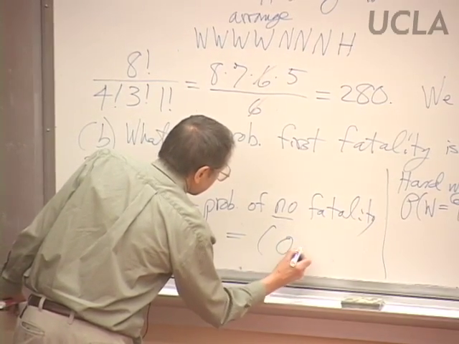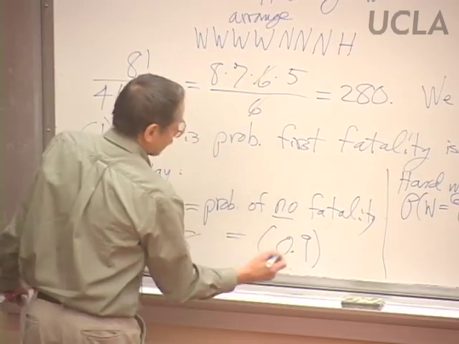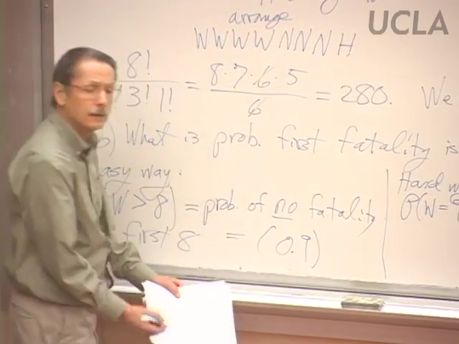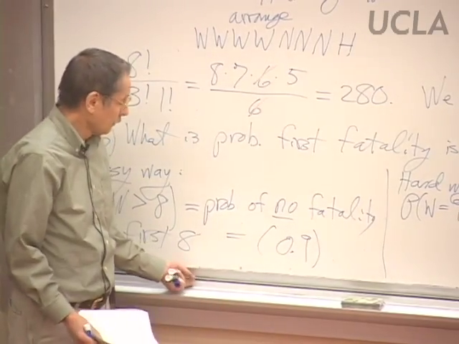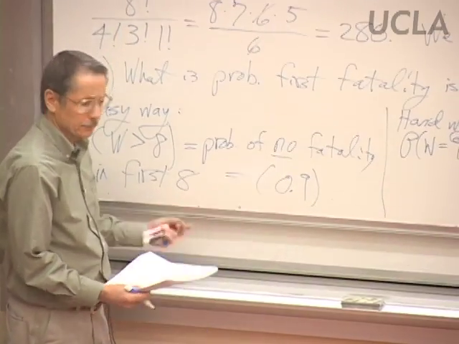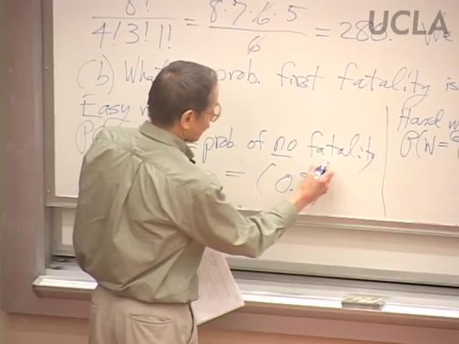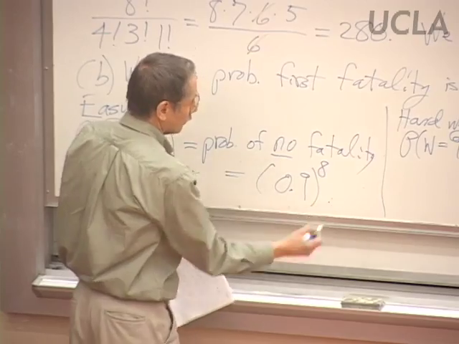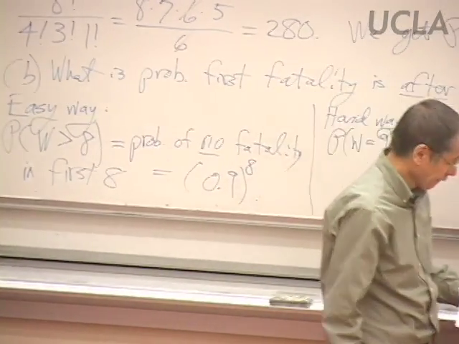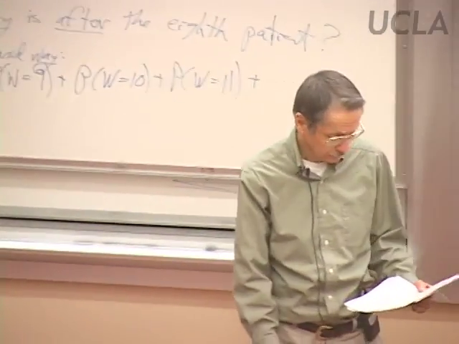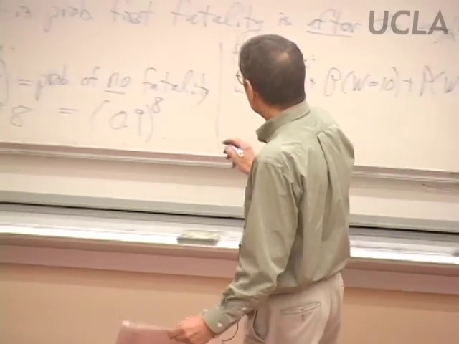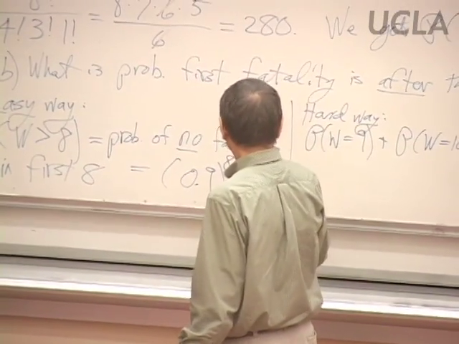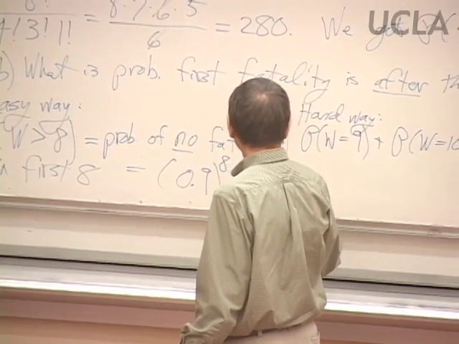And the cases are independent, and the probability of no fatality would be 90%, and we want that to happen 8 times in a row. And they're independent. Well, this is about 43% numerically.